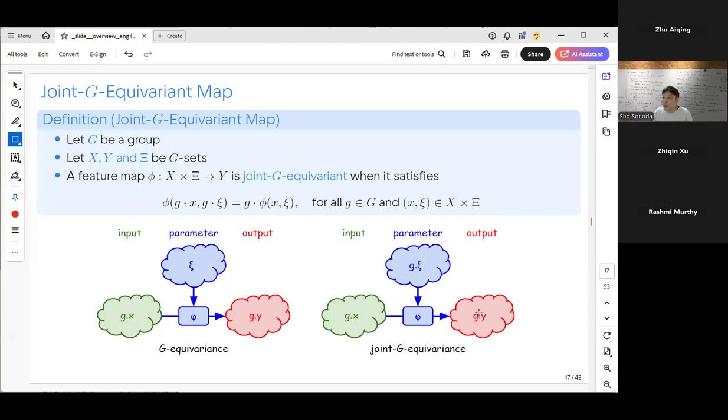And the main reason we consider this joint action is that the fully connected network, the main focus today, is covered in this joint setup, but it is of course excluded from the classical group equivariant setup. So this is the main motivation to consider a joint group equivariant feature map.